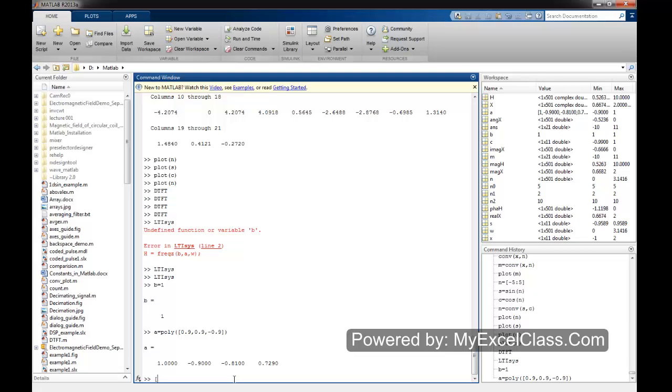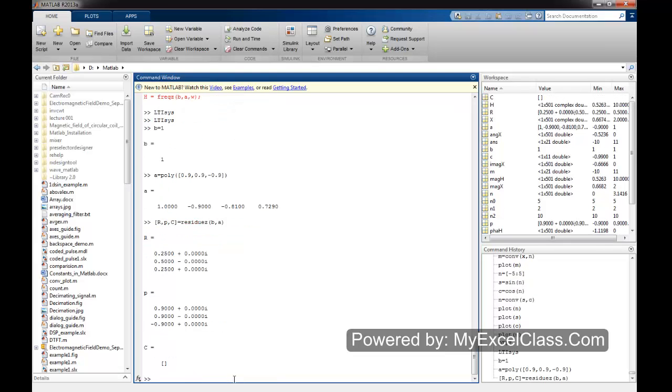So capital R, comma P, comma C is equal to residuez. Just to revise, what does this command do?